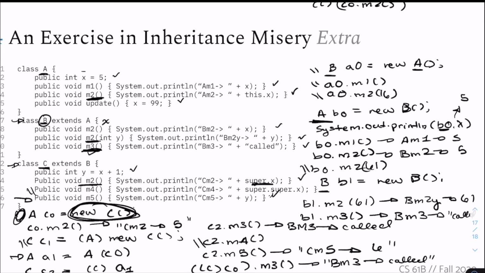Because of that, we check to see if the static type of C0, which is A, contains M2, which it does over here. And then at runtime, we check whether the dynamic type of C0 overrides it.